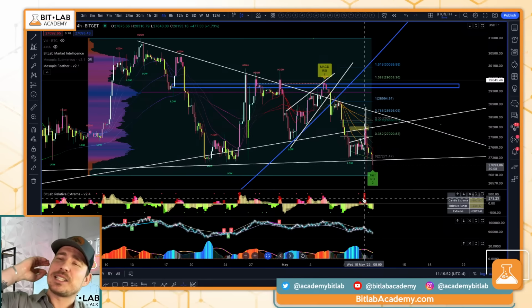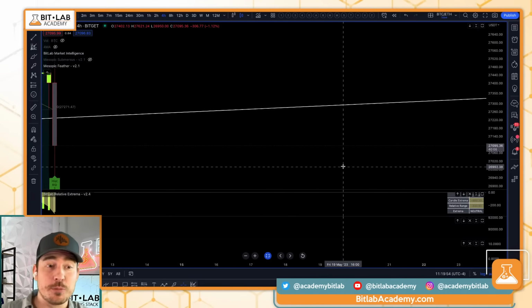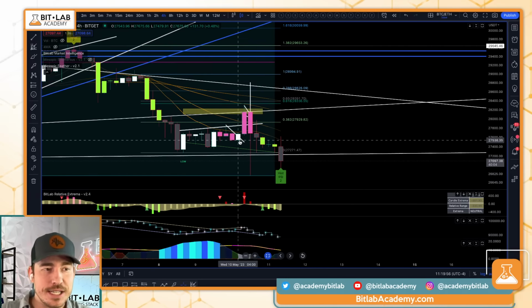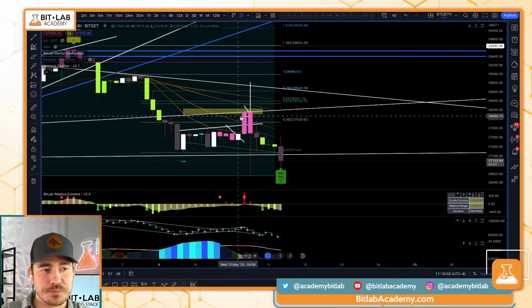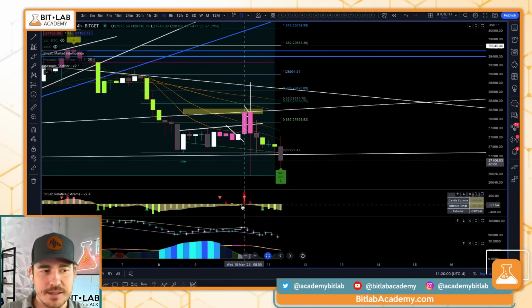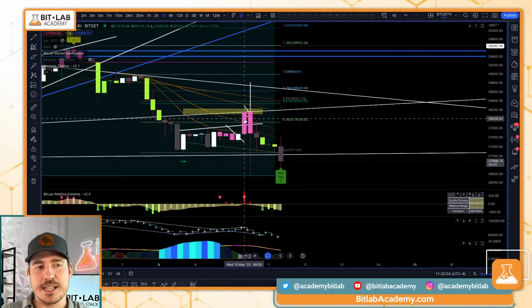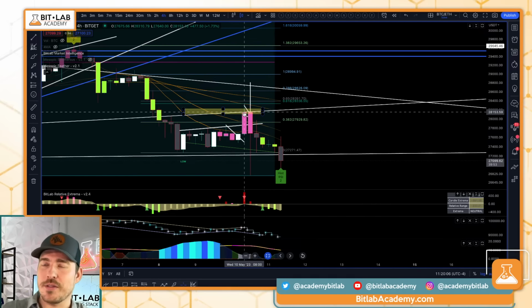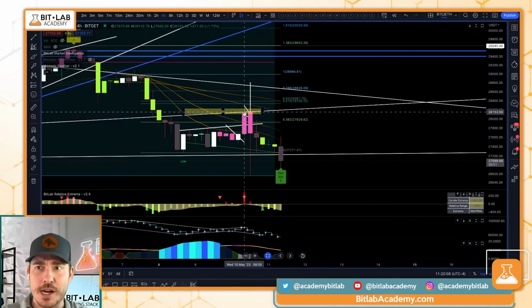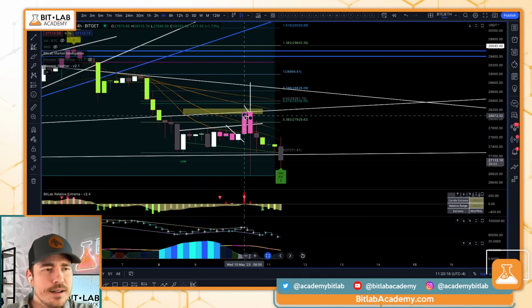Despite the price action going up and getting nuked by FUD, this price action to the upside was already suggesting, see this relative extrema bar, this pink bar, that this was an unhealthy move before that FUD even came out about the US government selling, which they did not. That was incorrect labeling from Arkham, or I can't remember the name of the data provider. So the technicals were already setting up for a pullback before that data came out anyway.